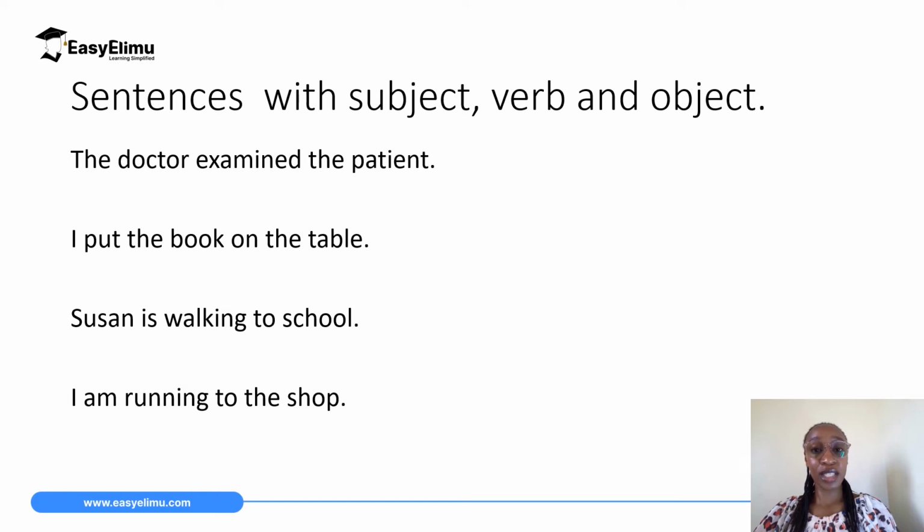The patient is the object. Remember when we defined an object, we said an object is what or who is affected by the subject. So the doctor examined the patient. So this action happened to the patient.